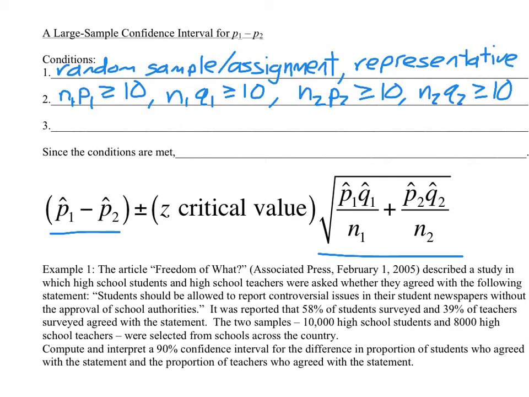Condition 3. Samples are independent. And now the sentence after we check the conditions is going to be, since the conditions are met. Remember that proportions use a normal model.